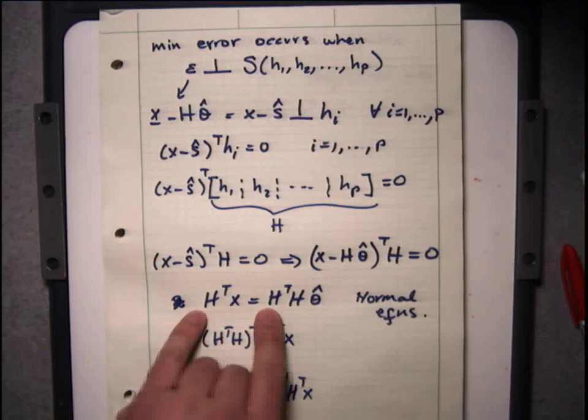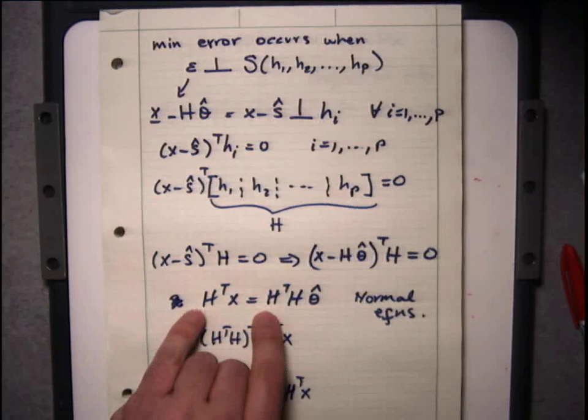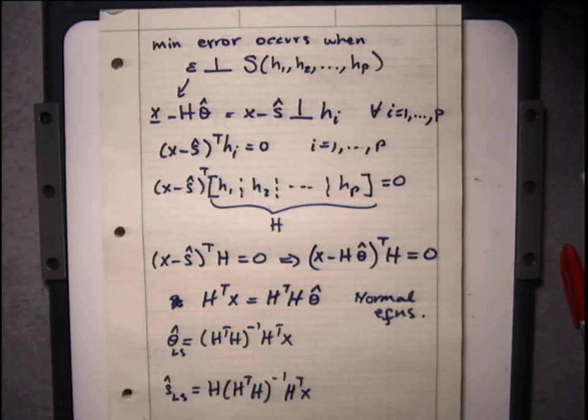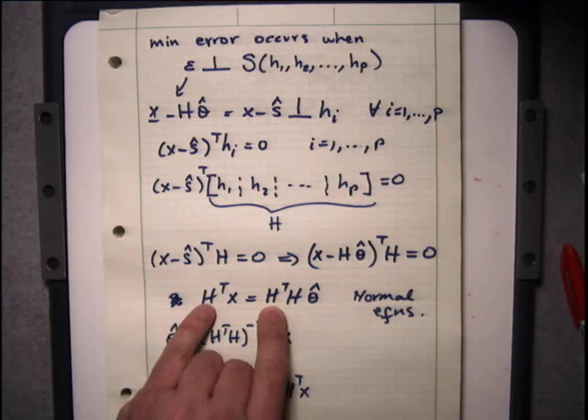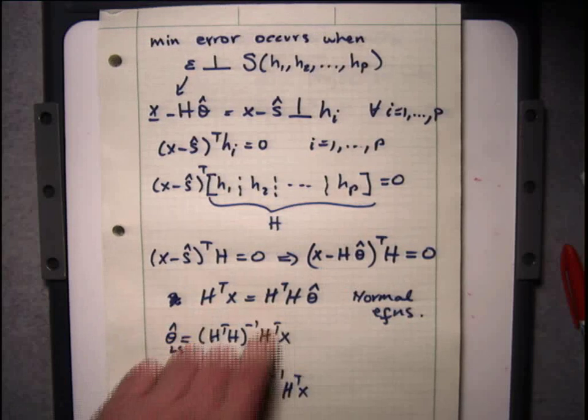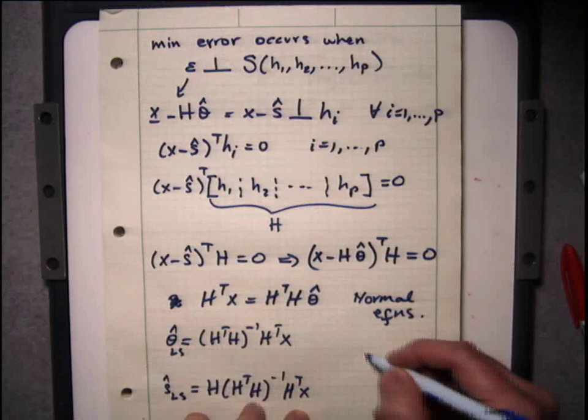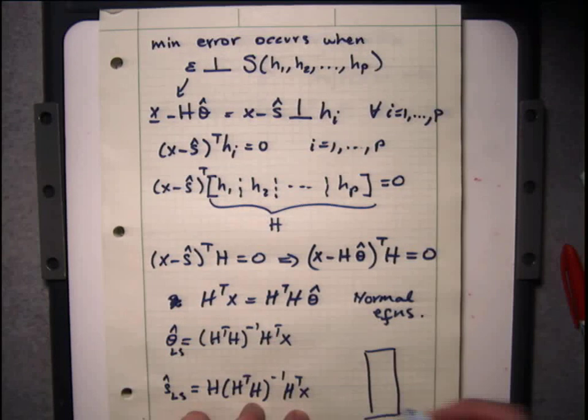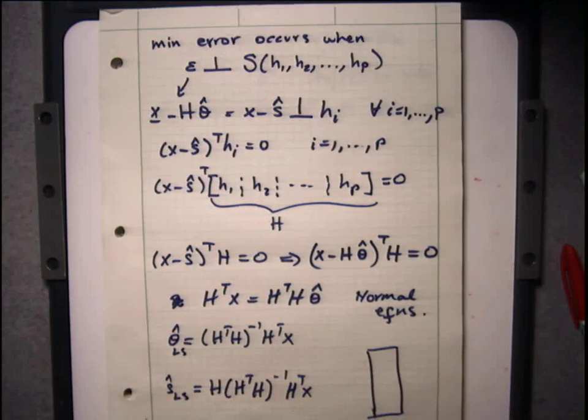You want to eliminate this H transpose? Yes, and then the estimator basically becomes... How would you eliminate H transpose? I mean, you're doing the same operation to both sides of the equation. Okay, this is a basic linear algebra question, so let's take it after class. You cannot eliminate this H transpose. First of all, it is not a square matrix, right? Oh, H is like this. Okay, that's what I was forgetting. All right.